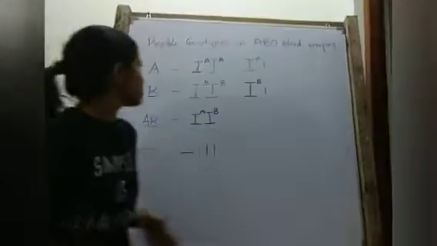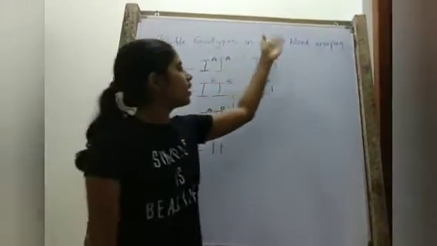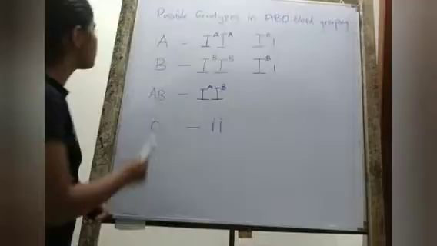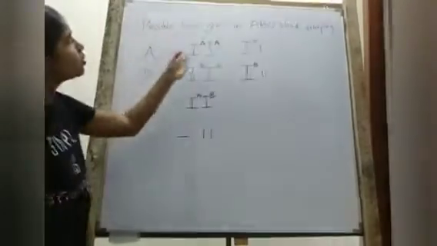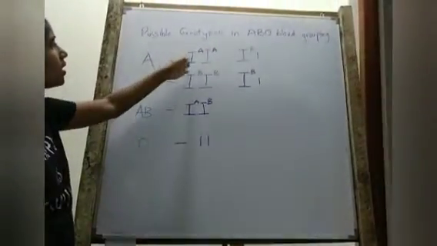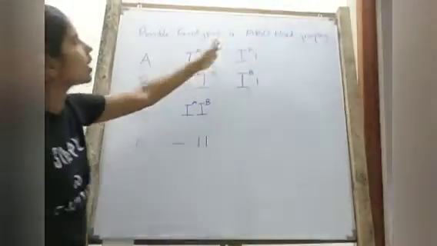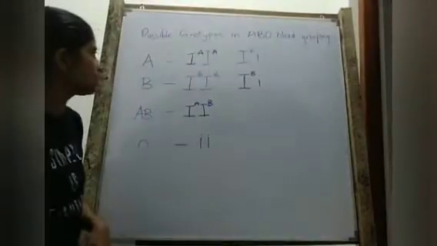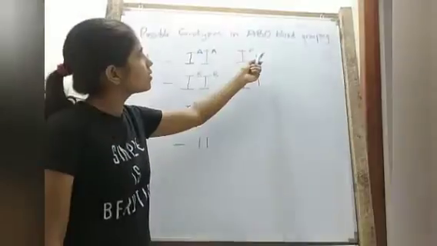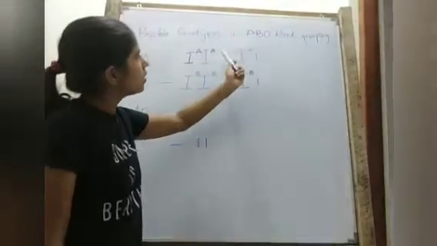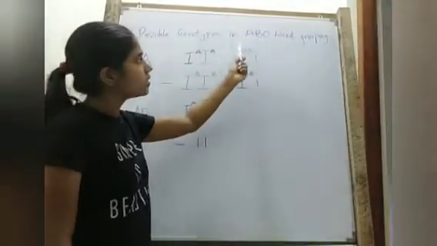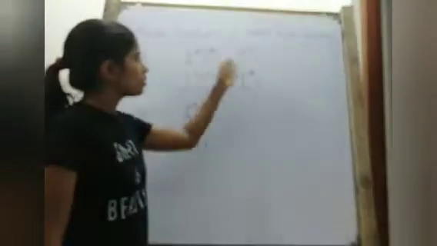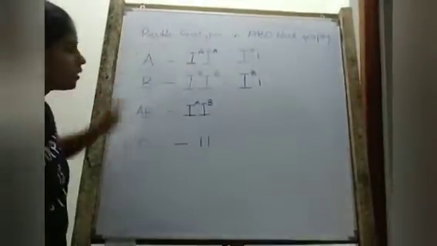We are going to discuss the possible genotypes in ABO blood grouping. So if we consider the A blood group, there are two possible genotypes: capital IA IA genotype and the capital IA simple I genotype. So we talked about this. Simple I is a recessive allele to capital IA, which is the dominant allele here. So the dominant trait A is given out.